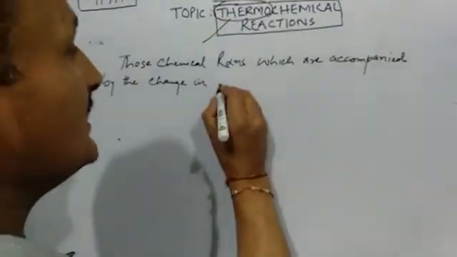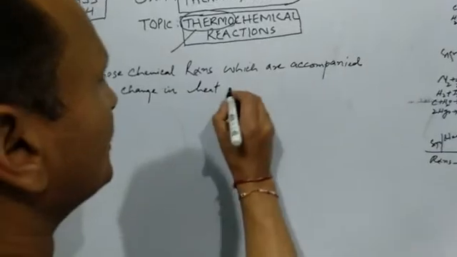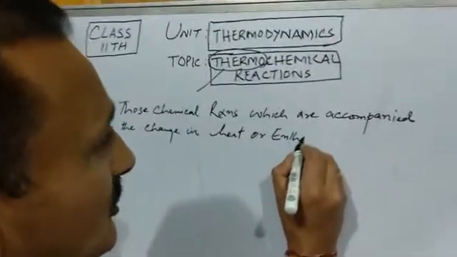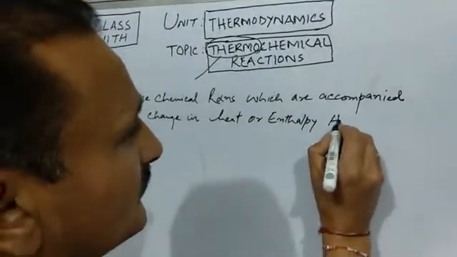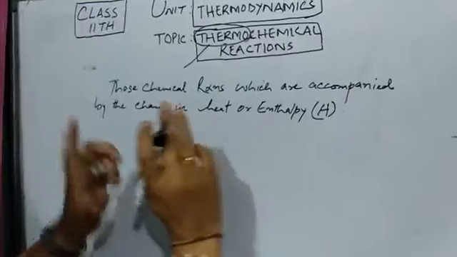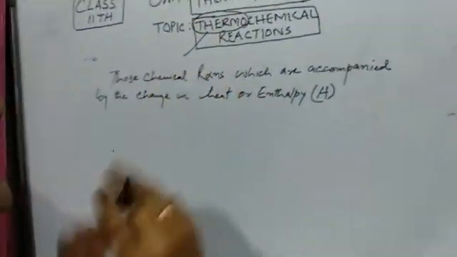Therm means heat content. Change in heat or enthalpy. Enthalpy, you know, is denoted by H. So such chemical reactions are known as thermochemical reactions.